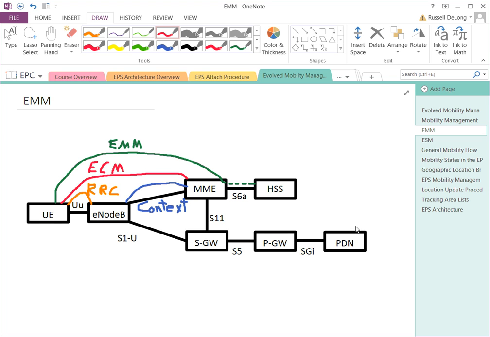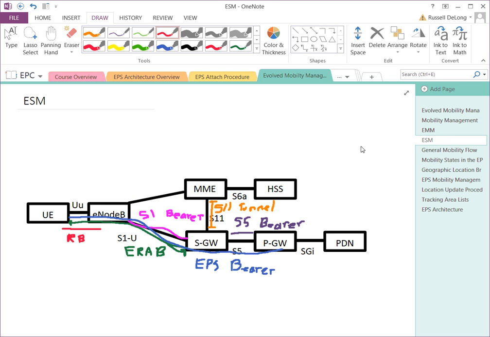Registering with, or sending a keep alive to maintain your mobility state with, an MME would be concerned with EMM-related NAS messages. That's kind of the divide, although both ESM and EMM messages are sent between the UE and the MME over NAS. Simple enough?